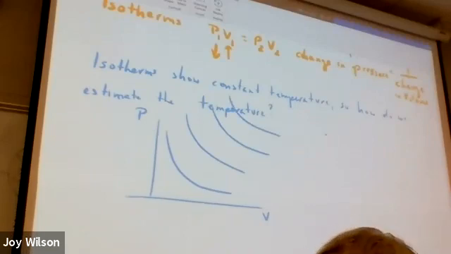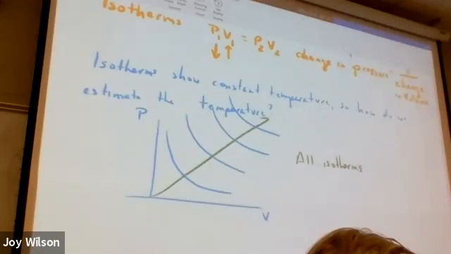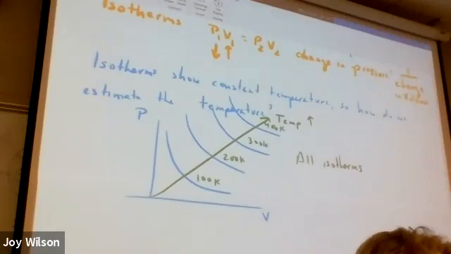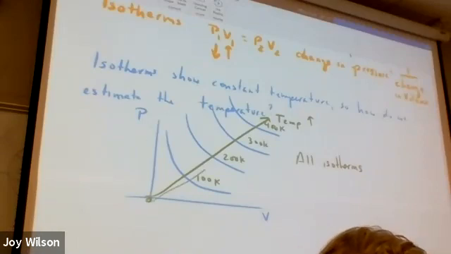So if these are all isotherms, the temperature increases as you move this way. So this might be 100 Kelvin, 200 Kelvin, 300 Kelvin, 400 Kelvin. So they all have that same shape, but the further away you get from the origin of your XY axis, the higher the temperature will be. So as I slide from here out, the temperatures are going to be getting larger and larger.